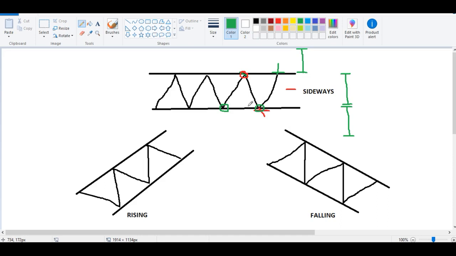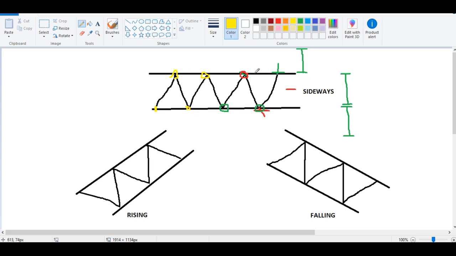Now as we learned in trend lines, how do we make a trend line? We simply need two swing highs and two swing lows. So in this case, I have one swing high, second swing high, so I can form this trend line, and I have one swing low followed by my second swing low, so I can connect these two points and make a trend line.